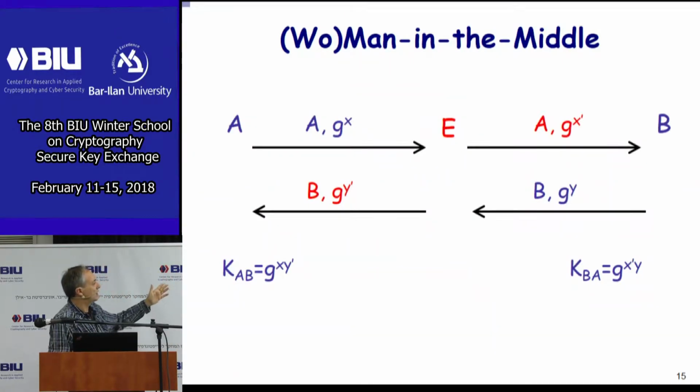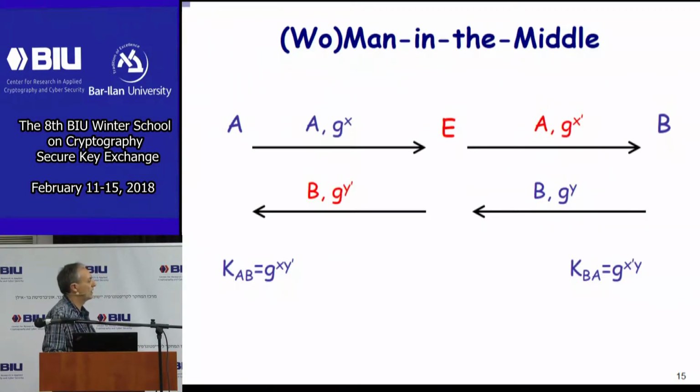can basically, when Alice sends G to the X, Eve can choose her own X prime, saying, okay, I'm Alice, this is my Diffie-Hellman value to Bob. Bob sends G to the Y. Eve sends her own G to the Y prime.